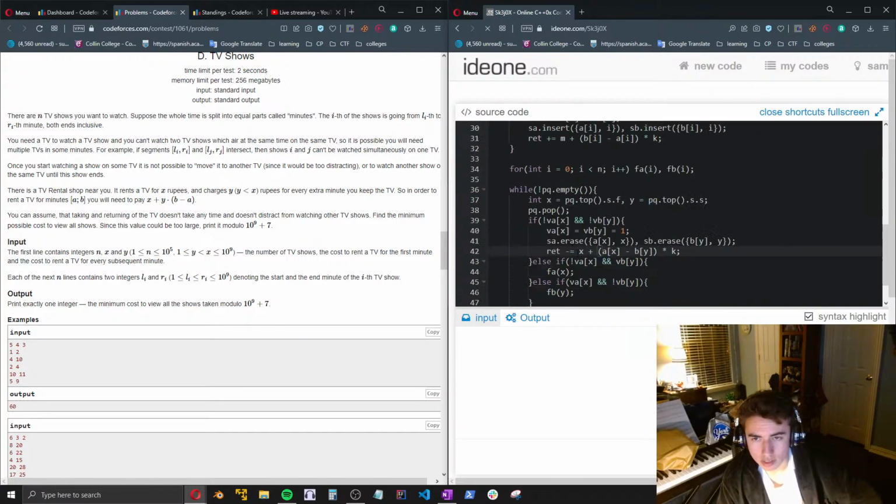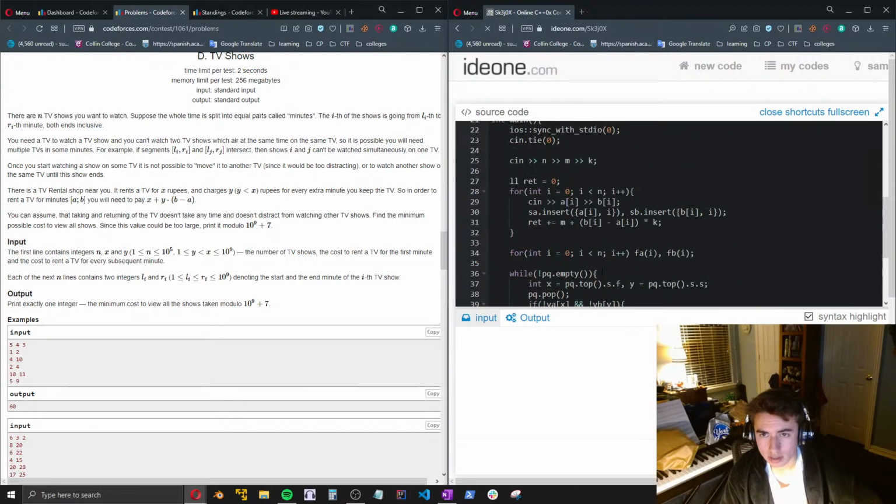Now here, we're subtracting x because we are getting rid of one TV because we're combining two intervals. And then we're also subtracting a of x minus b of y times k. Am I doing this right? Because a of x will be to the left of b of y. To the right, to the right. This should be right.